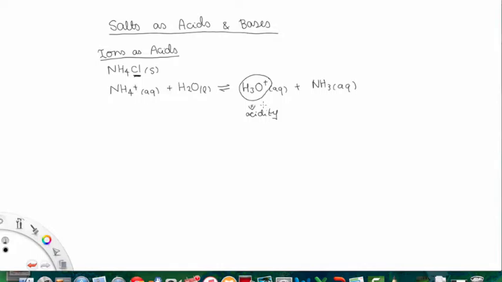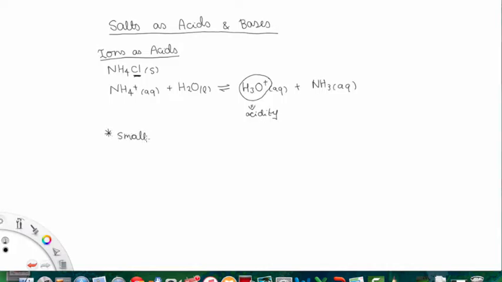There are other examples of salts that are acidic, such as anilium chloride and methyl ammonium bromide, and basically small, highly charged metal cations that act as Lewis acids. Remember, a Lewis acid accepts electrons to increase the hydronium ion concentration. Let me write that down for you.